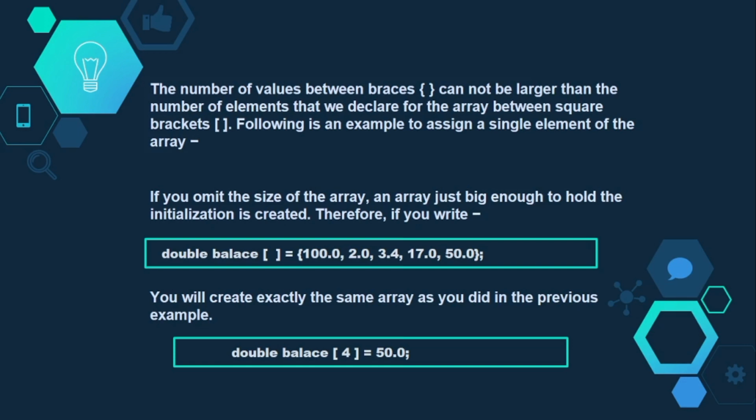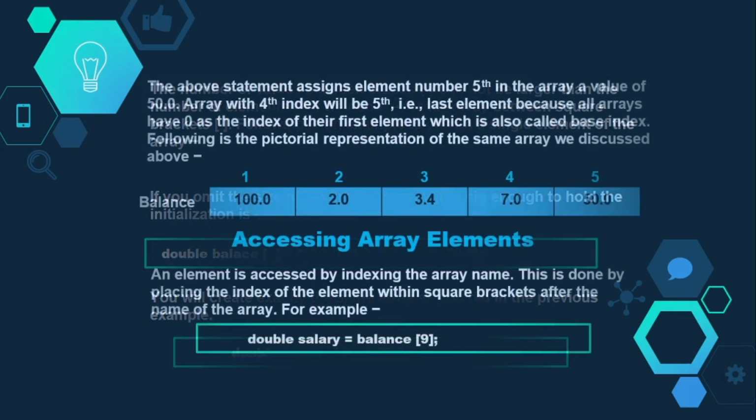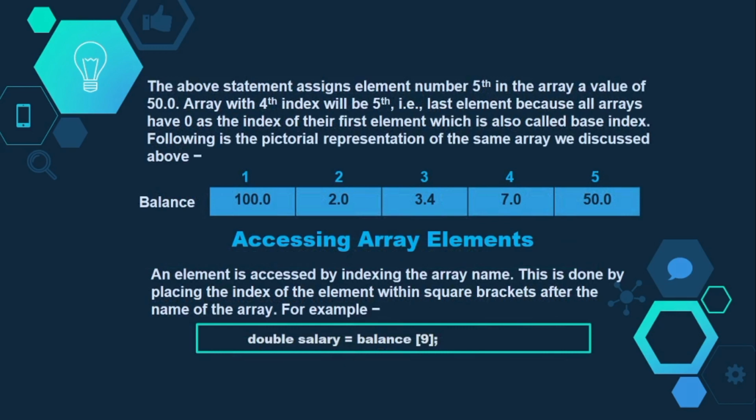Following is an example to assign a single element of the array. If you omit the size of the array, an array just big enough to hold the initialization is created. Therefore, if you write just like this, you are creating exactly the same array as you did in the previous example. And also just like this: double balance, and then the index of 4 equals 50.0. The above statement assigns element number 5 in the array a value of 50.0.